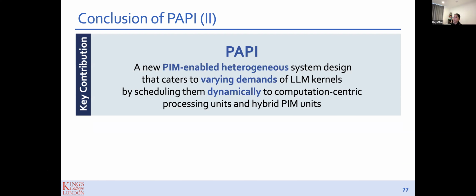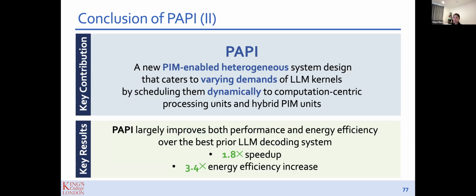So we propose PAPI, a new PIM-enabled heterogeneous system design that caters to the varying demands of kernels by scheduling them dynamically to computation-centric processing units or the hybrid PIM units. And the key result: PAPI largely improved both performance and energy efficiency over the best prior PIM decoding system.